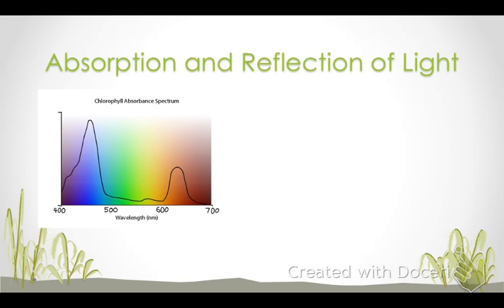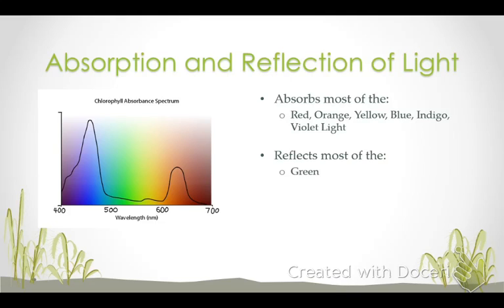Let's keep moving. So the absorption and reflection of light. Let's talk real quickly about a couple of main points. It absorbs most of the red, orange, yellow, blue, indigo, violet light, and it reflects mostly the green, and you can see that in this little graph. Okay, this is the absorbance, so how much the plant is absorbing. You can see that over here towards the blue, it is mostly getting absorbed into the plant.